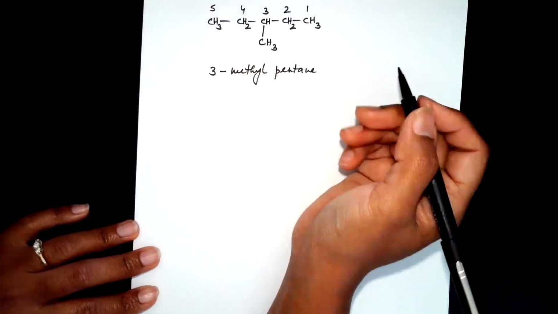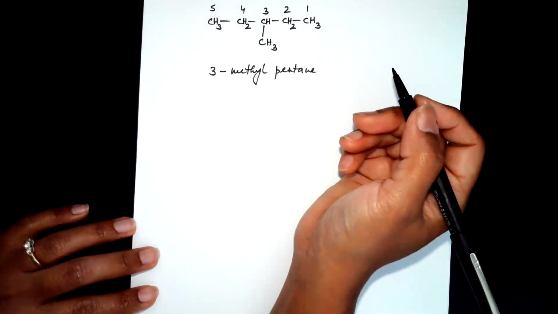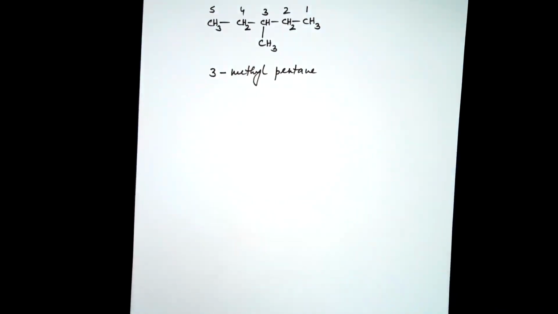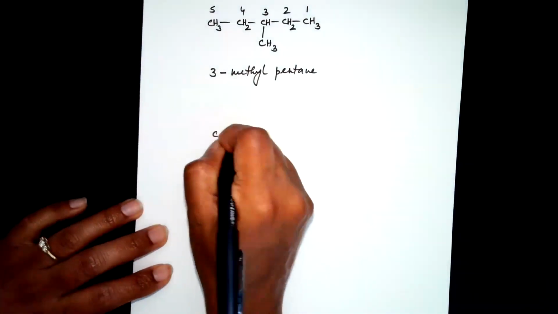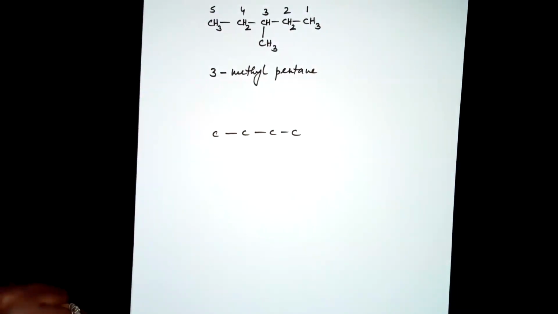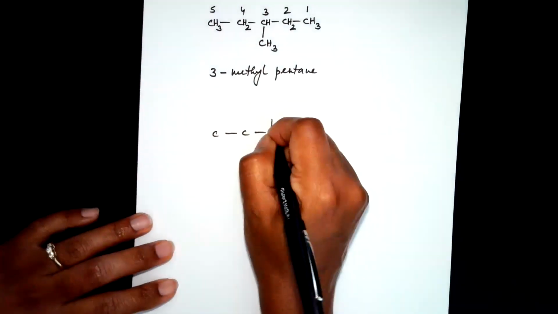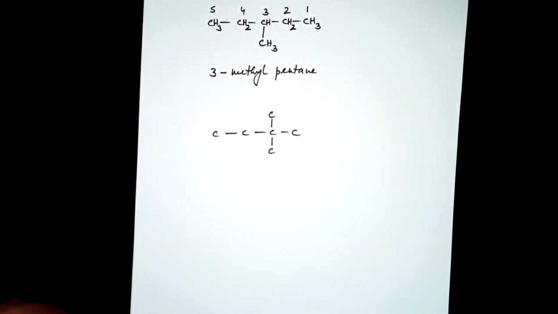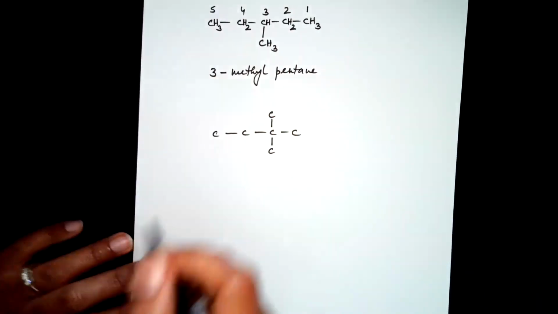I don't want to do a repetition of what I have done before. My constitutional isomers should look new every time and should have a different name. We could make the longest carbon chain 4 carbons long instead of 5, and I could attach the remaining 2 carbons both to the same carbon and then fill out the rest with hydrogens.